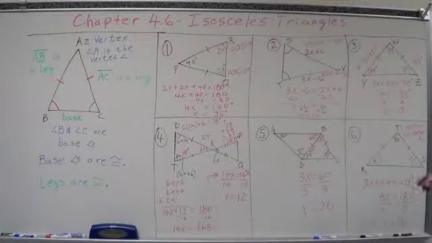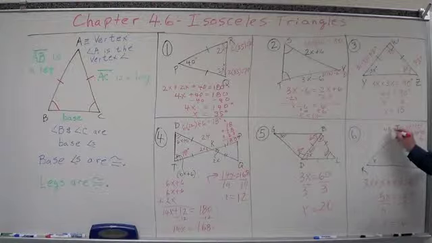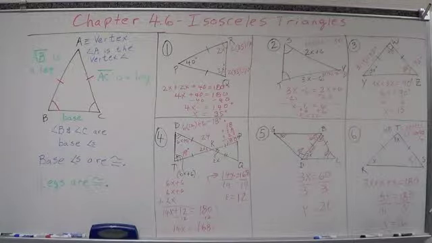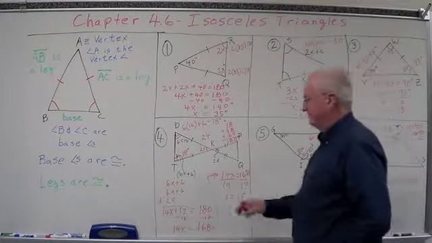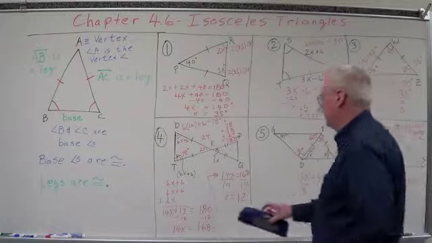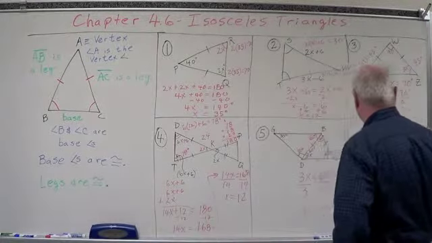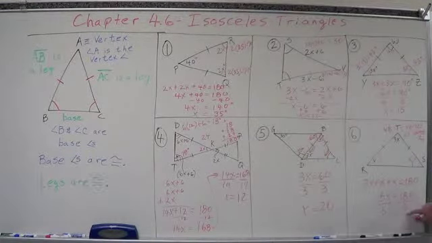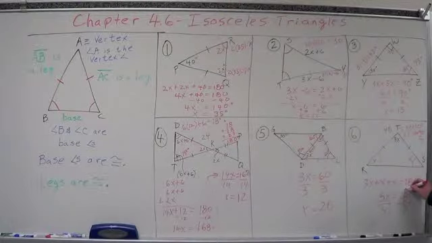Plug it in. 3 times 16 would be 48. Whoa. No, that's not right, is it? Let's try again. 5 goes into 18 three times, and 30 would be 6.